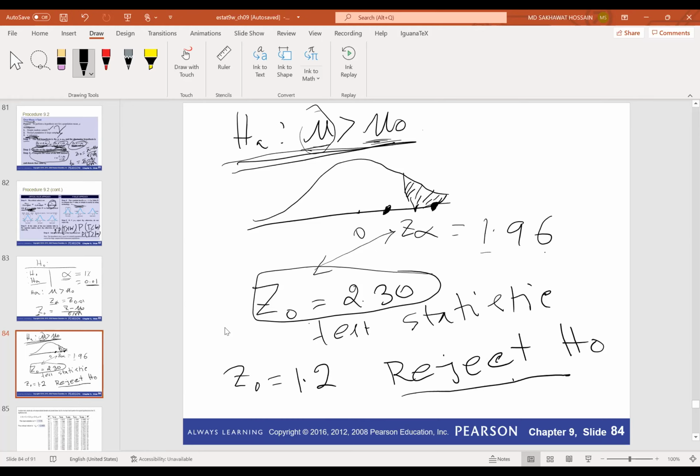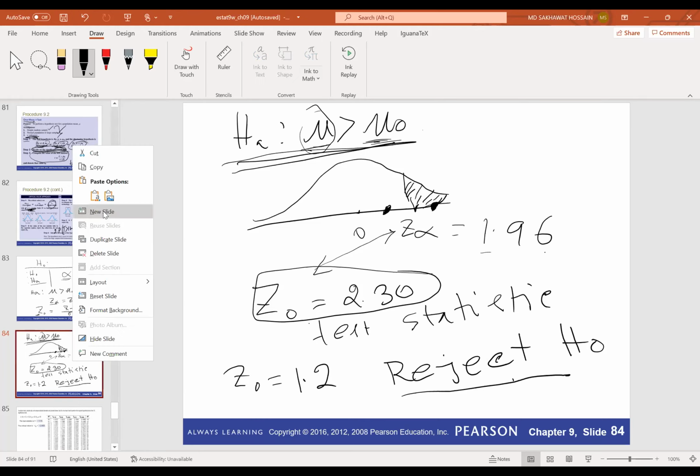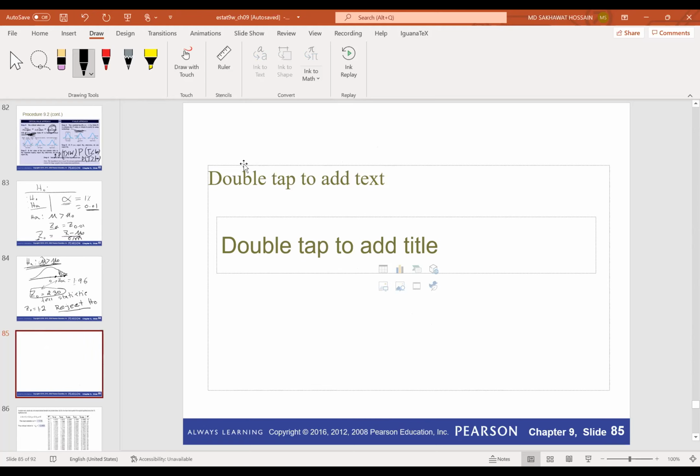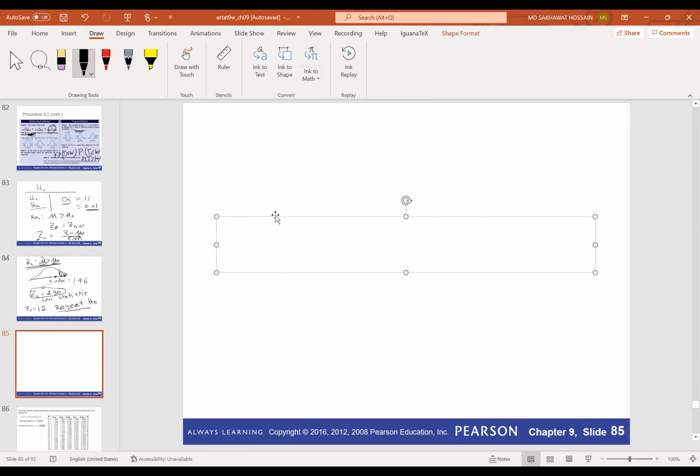So in that case, we fail to reject the null. And this is also similar to the left tail test. Okay, so for the left tail test, the alternative is mu less than mu0.